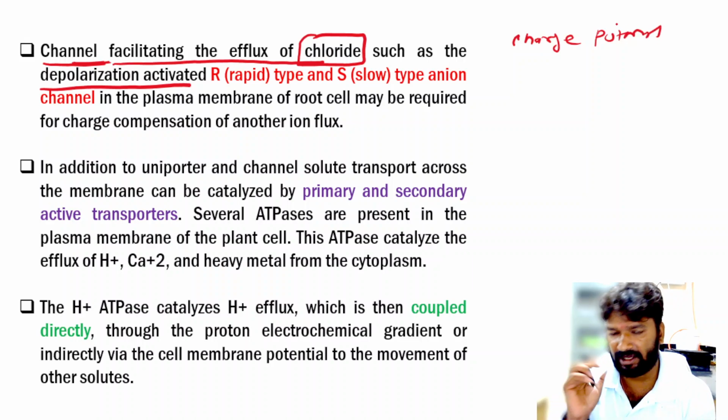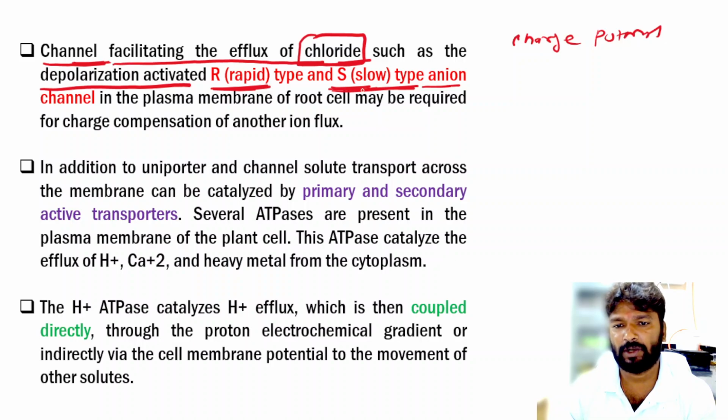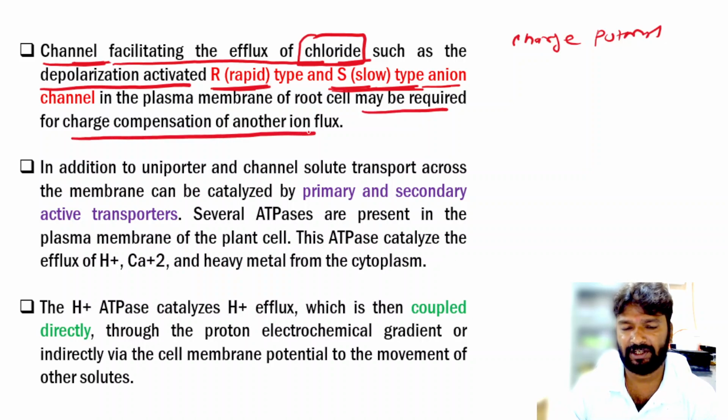Difference in the charge. So there are two types of chloride channels. One is the rapid, known as R channel. Second is the S type channels, anion channels, that is known as slow type anion channels. These channels are required for the charge compensations.